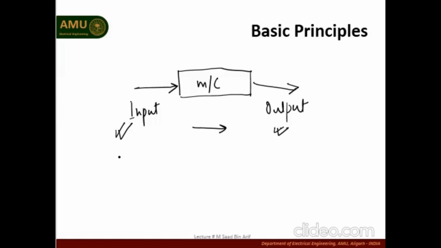And it's important to note that in this machine there is no conversion of power, that is, the power remains in electrical form, that is, the input power is in electrical form and the output power is also in electrical form. Unlike motors, where we have input power in electrical form and the output power is in mechanical form. Similarly, unlike generators, where we have input power in mechanical form and the output is in electrical form.